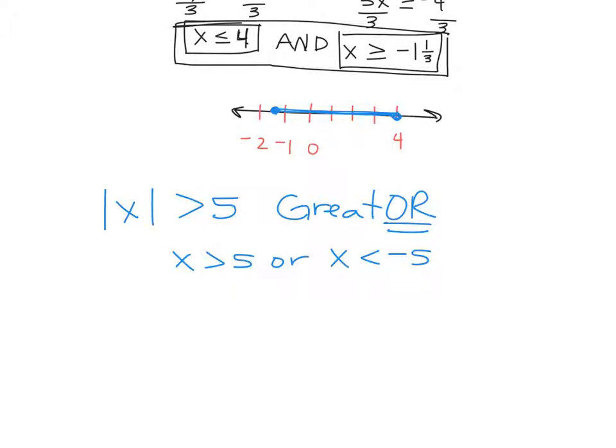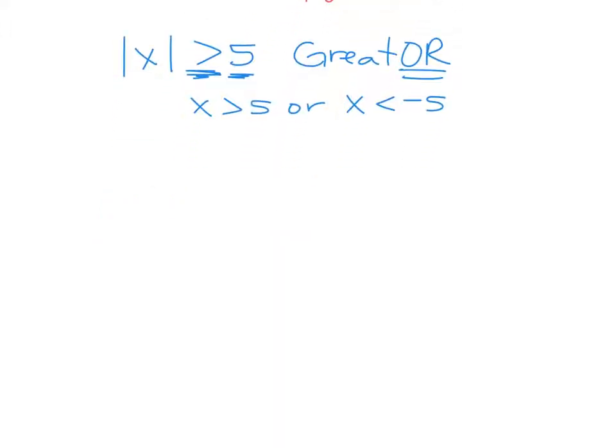So the same rule applies. We change our sign, we flip our symbol, okay? So flip it over, make the positive negative, and that will be your setup, okay? All right, let's do one.